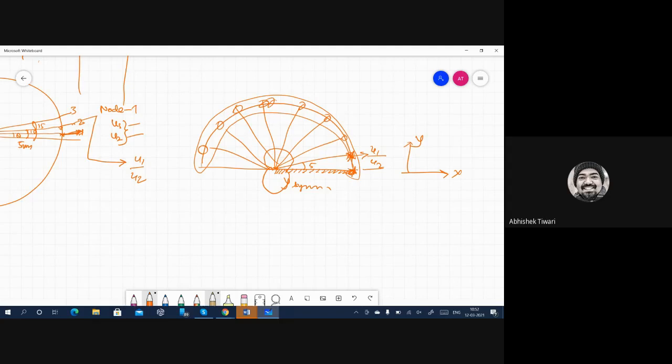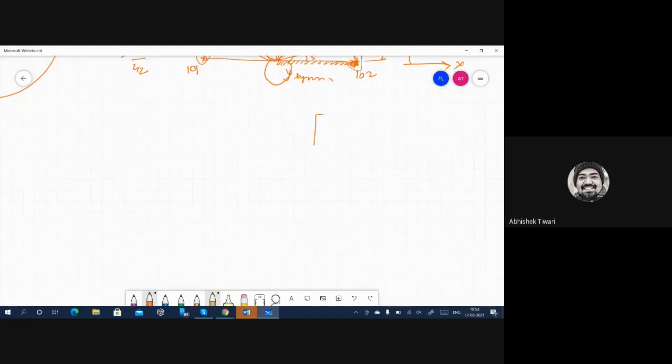So you will have an ordering of nodes, and this will change for different people, so you need to ensure it. Maybe this node starts at 1, and then 102, 103, 104, and so on. Then you have an array in which you have the node information: 101, 110, maybe 150.